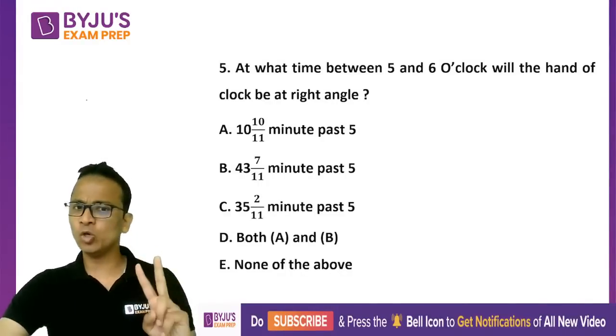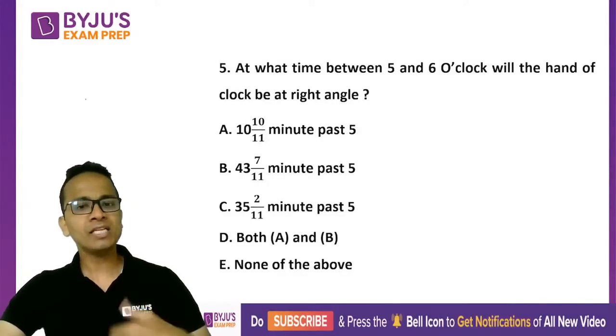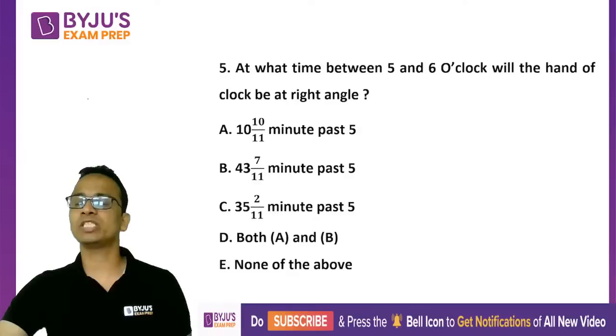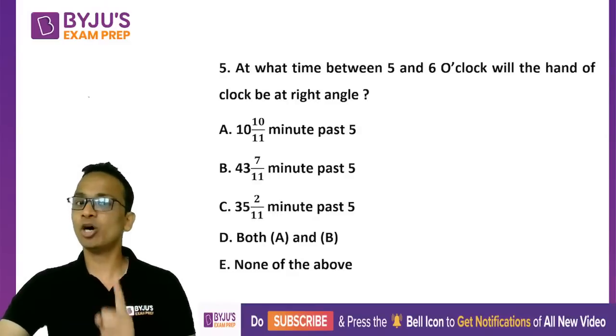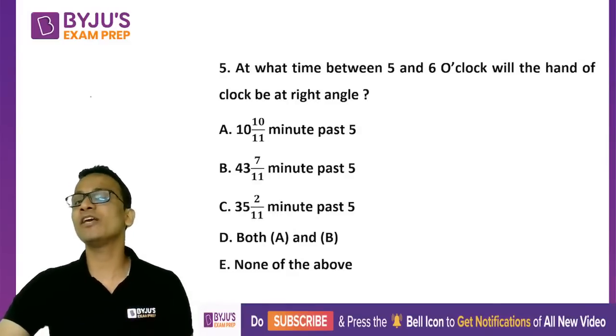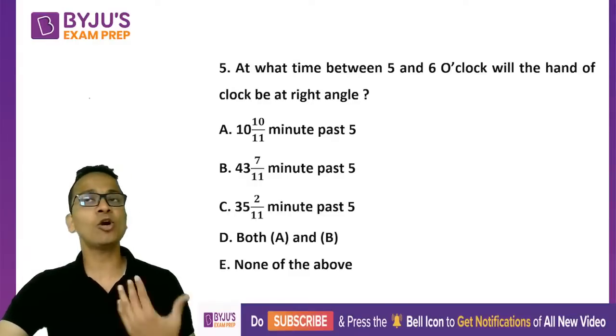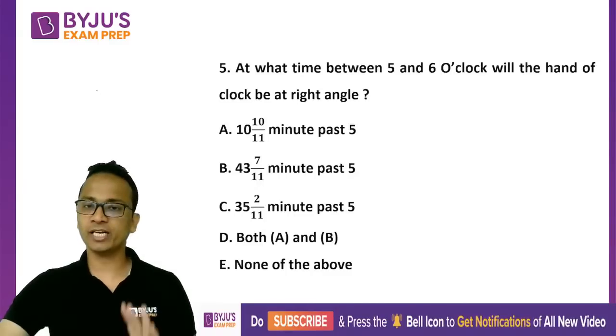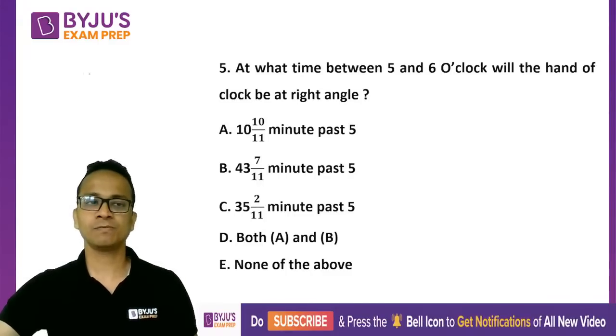Alright, so there might be two instances. So among the options, there may be two options which are correct. It is not necessary, even one option can be correct. They might not give you the second option. Okay, so let's check and find out both the times.